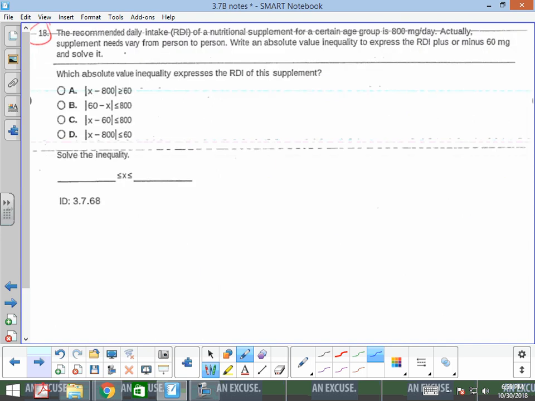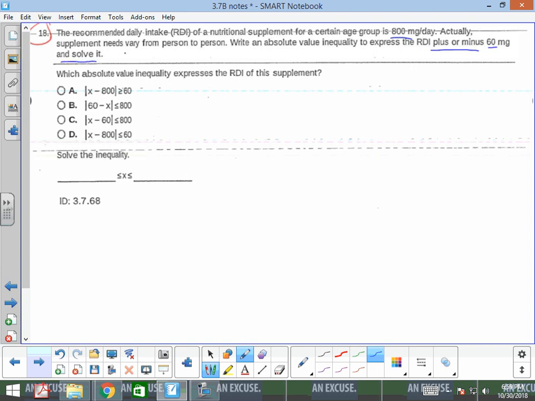All right, number 18. The recommended daily intake, RDI, of a nutritional supplement for a certain age group is 800 milligrams per day. Actually, supplement needs vary from person to person. Write an absolute value inequality to express the RDI plus or minus 60 milligrams and solve it.